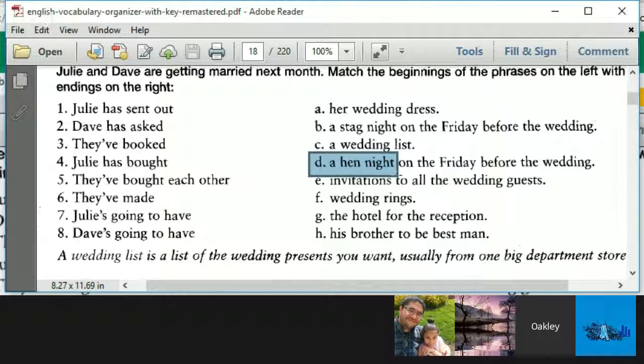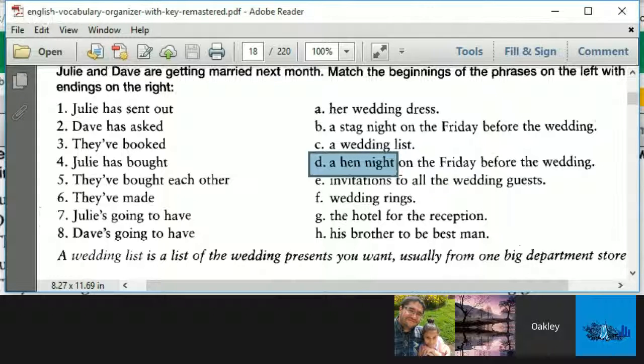Americans don't really use this phrase. It's more British. But Americans do use the phrase a hen party when a bunch of women get together and they're talking and cackling. Oh, there's a hen party going on in the living room. Don't go in there.